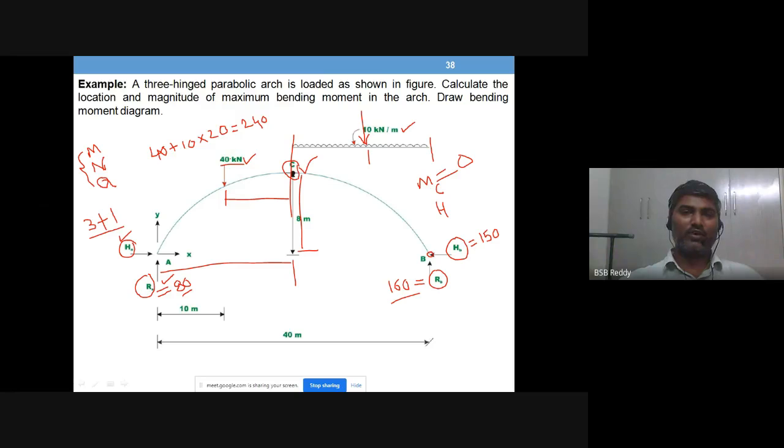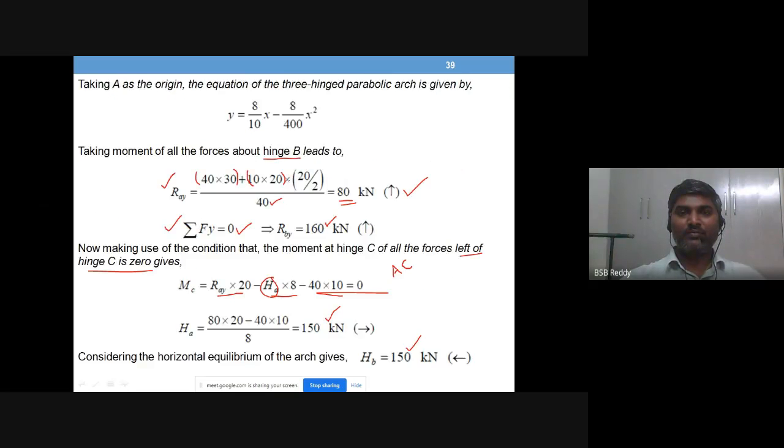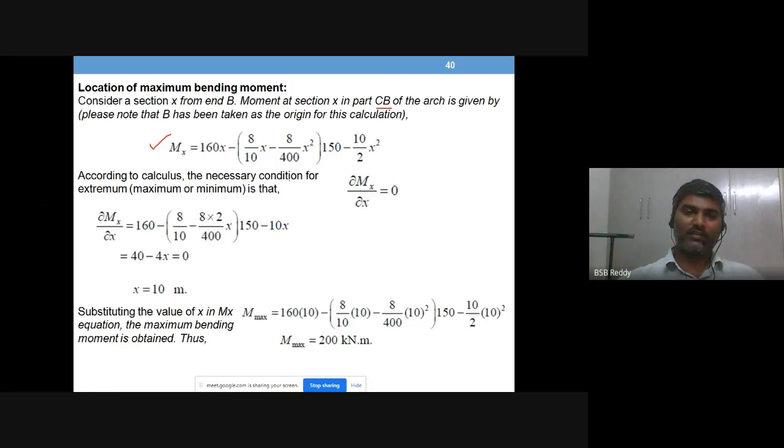It is only 40, whereas 5 times load is acting on portion BC. Hence, we expect maximum bending moment in portion BC, not in portion AC, right? That is the reason why portion BC is selected for searching maximum bending moment location.